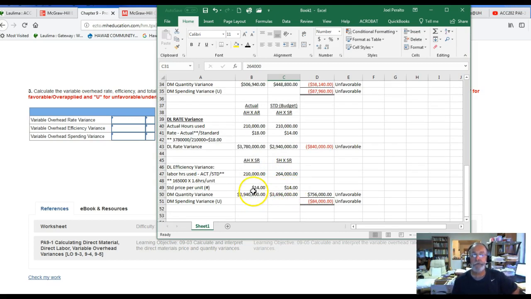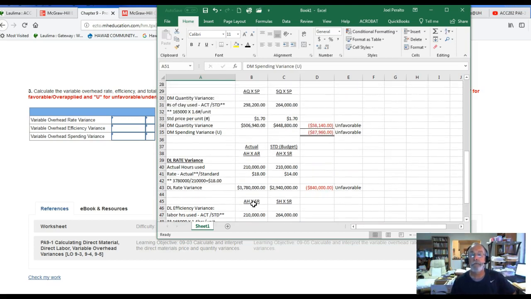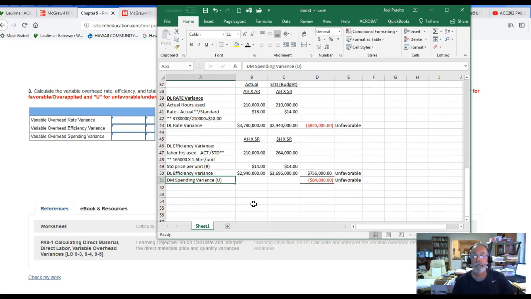So our direct labor efficiency variance is: actual hours was less than standard hours.